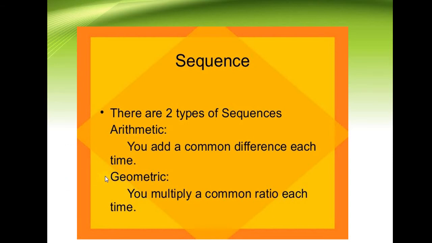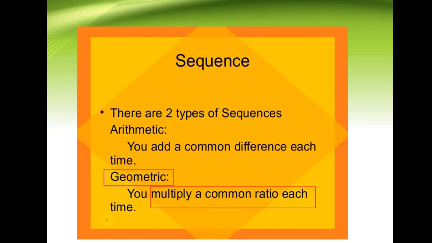Here we see geometric. This is a geometric sequence. In a geometric sequence, we multiply every term by a constant number each time, which is called the common ratio.